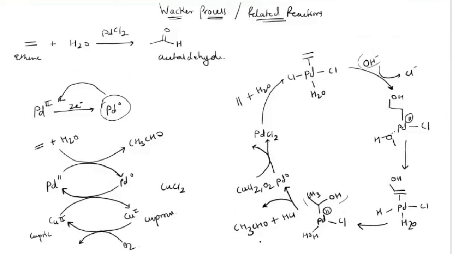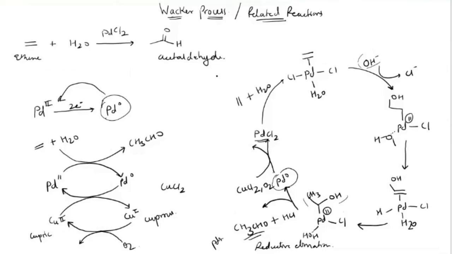This is called reductive elimination. So your palladium 0 will form and the product will be released. This is your required product. And this palladium 0 is again oxidized by cupric chloride, and palladium chloride is regenerated, and the cycle continues. This is called Wacker's process.